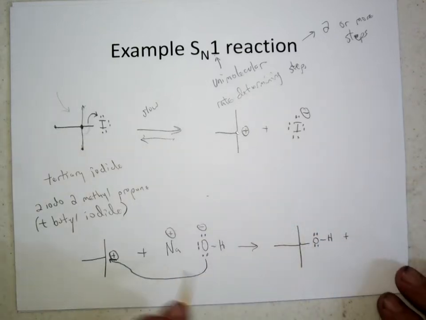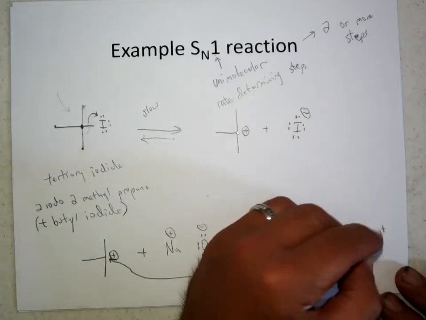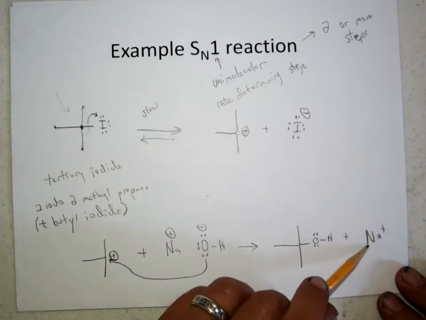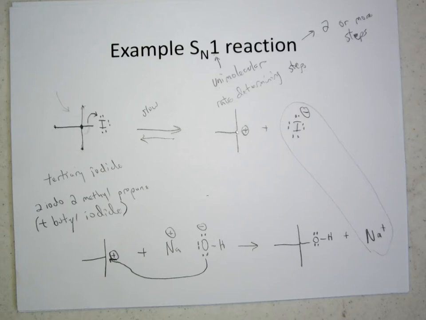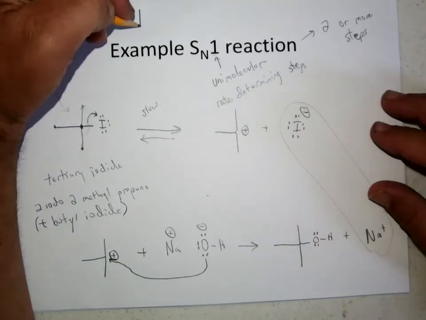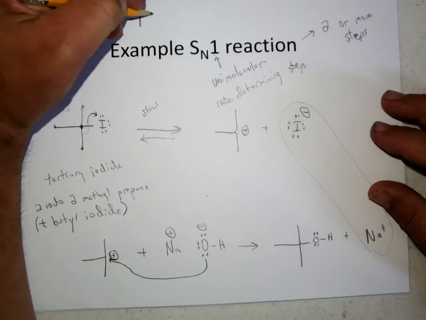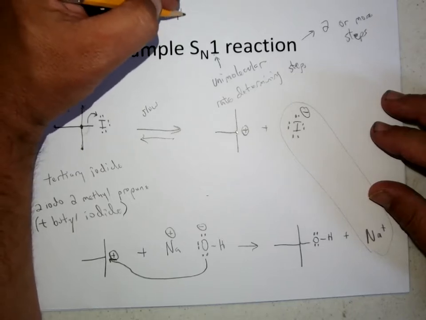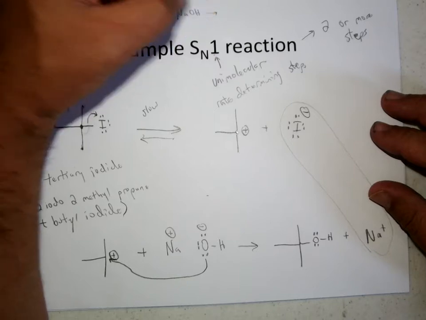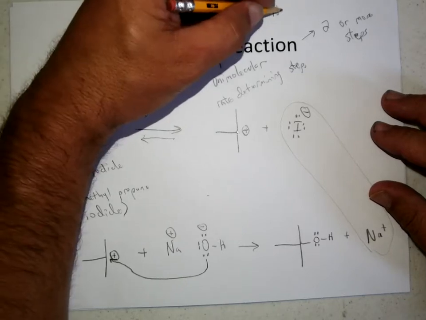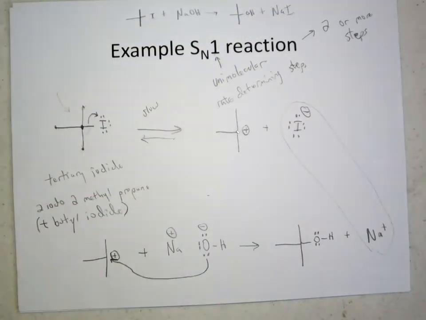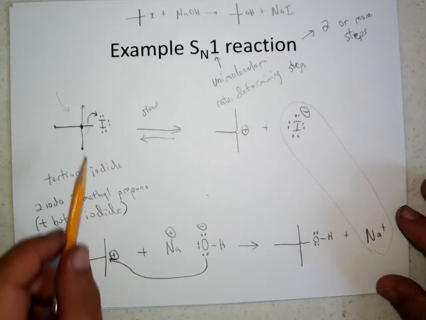And that'll liberate your sodium plus, and the sodium plus will hang out with the iodide we formed in the first step. So the overall reaction would be t-butyl iodide plus sodium hydroxide goes to t-butyl alcohol plus sodium iodide. So overall reaction, but it happens in 2 steps.